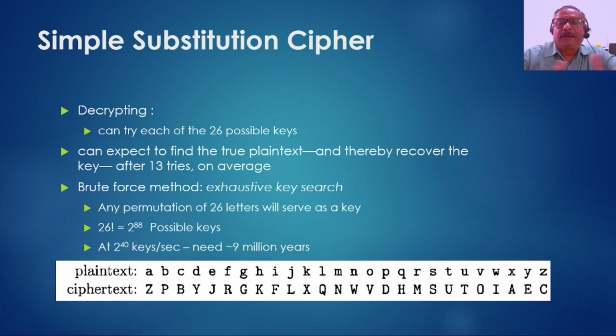So it can be any permutation. A can be Z, B can be P, C can be B, D can be D is one such example. Not necessary as we have seen in the previous case where it is just shifted, rotated by some n. It can be any permutation of 26 letters that serves as a key.